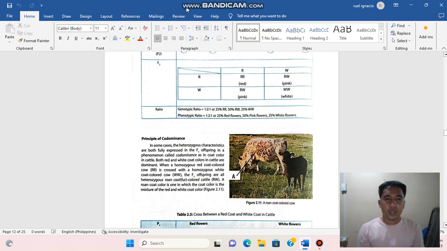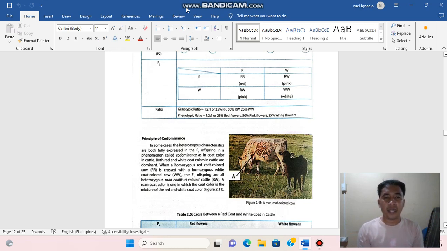So again, we have here an example of codominance, especially in the coat color of cattle. Both red and white coat colors in cattle are dominant.